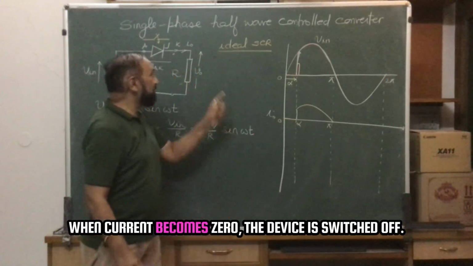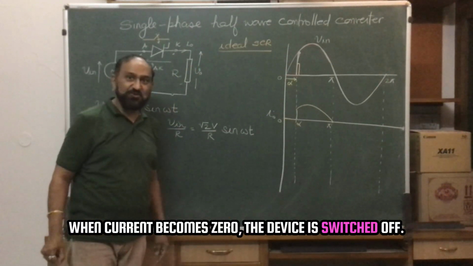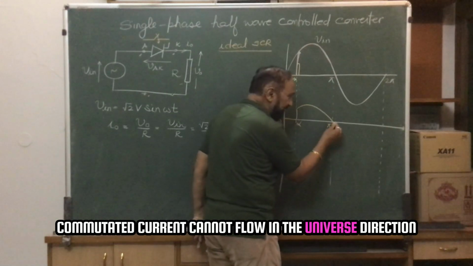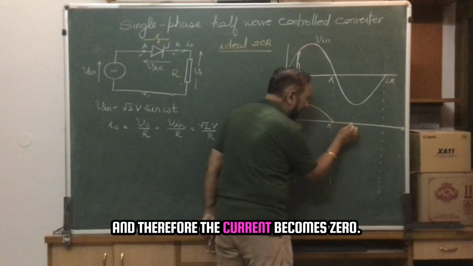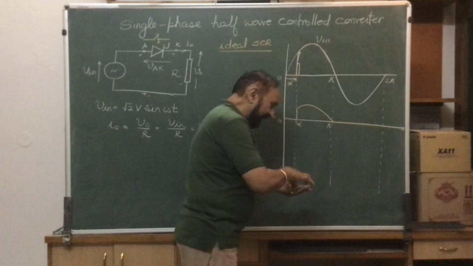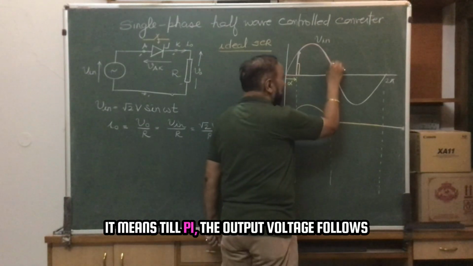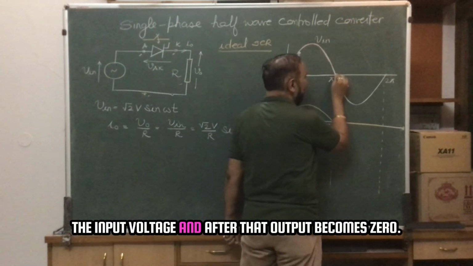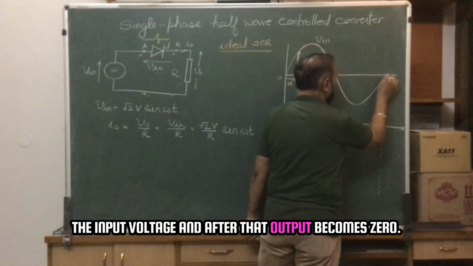When current becomes 0, the device is switched off, commutated. Current cannot flow in the reverse direction, and therefore the current becomes 0. It means till pi the output voltage follows the input voltage, and after that output becomes 0.